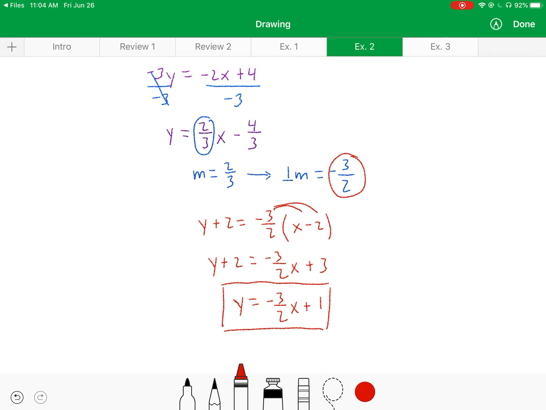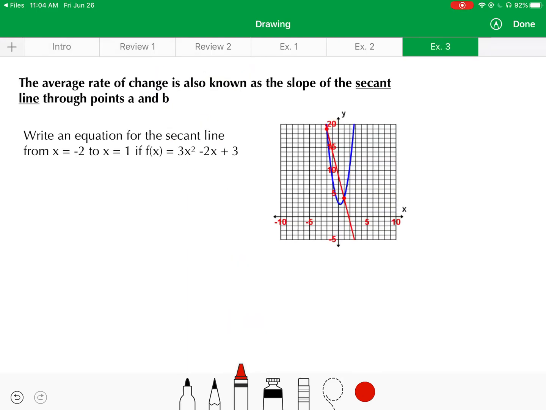All right, moving forward, let's apply this process in a different scenario. So last chapter, or last unit, we introduced to you the concept of an average rate of change. And really we saw that average rate of change is a lot like slope, but it pertains to equations that aren't linear.